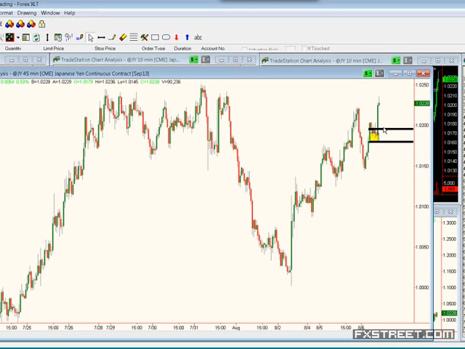So now I'm not putting my line up here. This price didn't take off from up here. That's not where the imbalance is. That's not where the orders are. The move starts from down here.